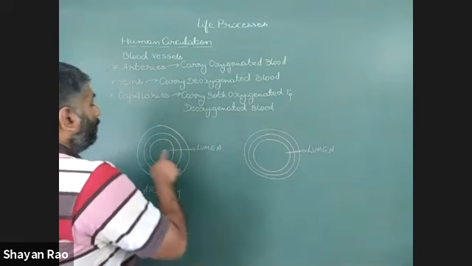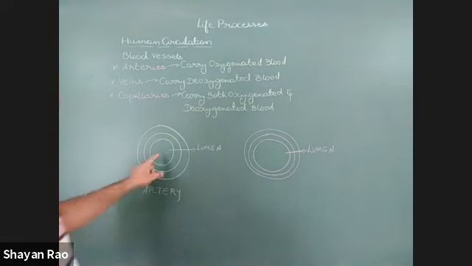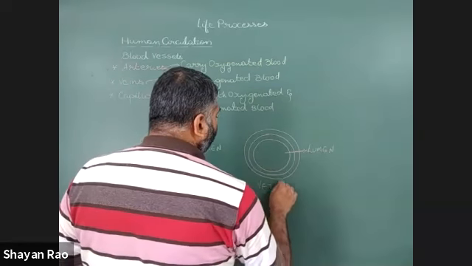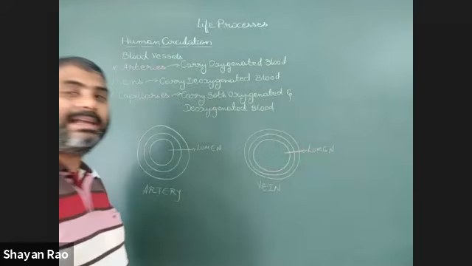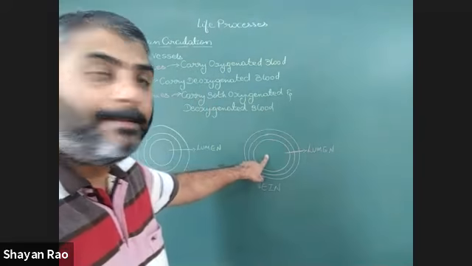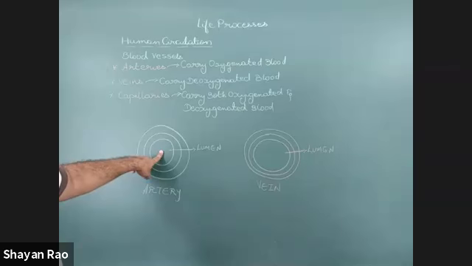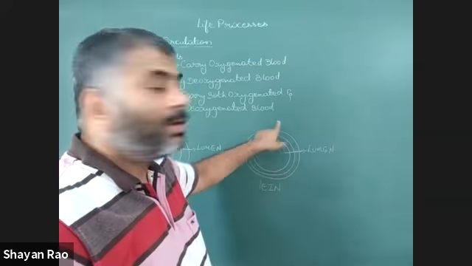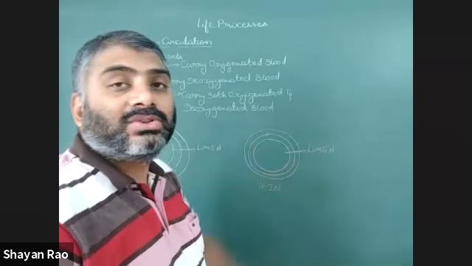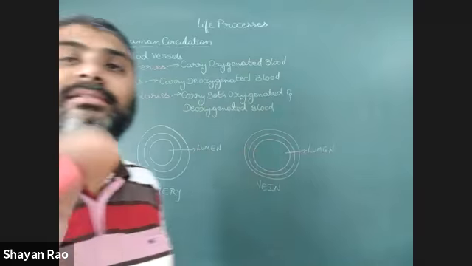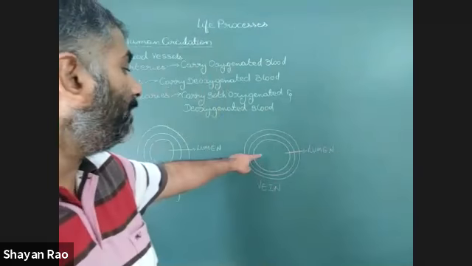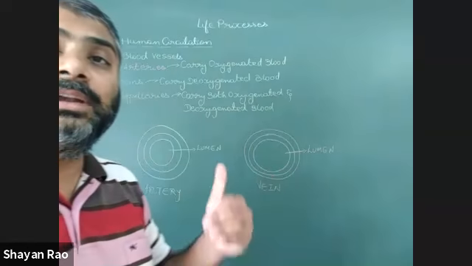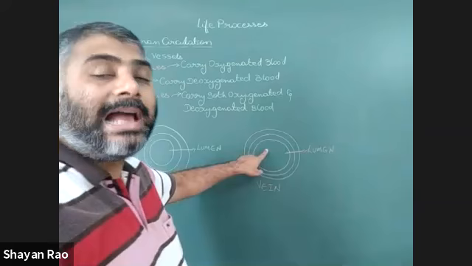The lumen is large in one and narrower in the other. That's the difference between an artery and a vein. Veins always have a larger lumen, and arteries always have a narrow lumen. As they have the larger lumen, the walls are thin. So here the veins have valves present at different intervals.